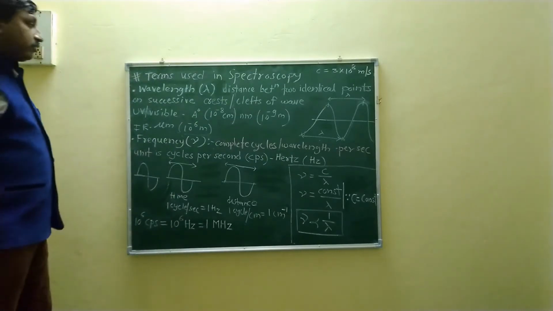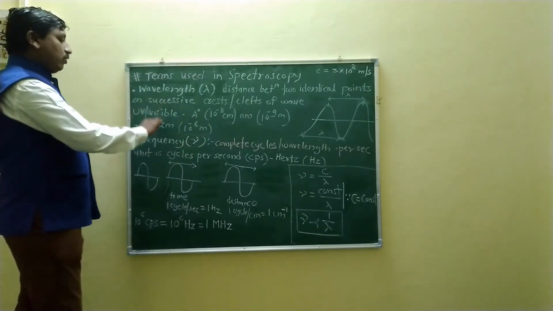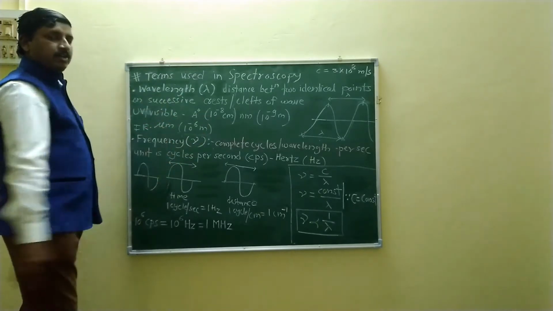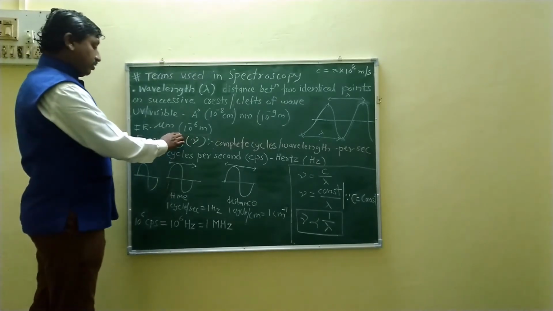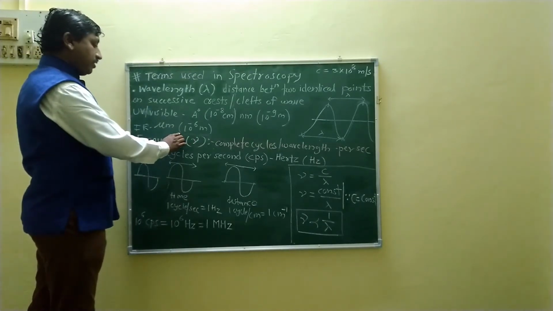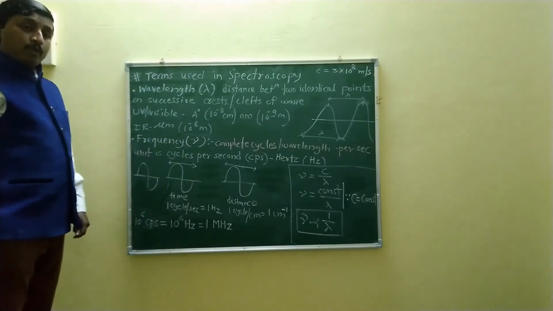In IR spectroscopy, wavelength is measured in micrometers, where 1 micrometer is equal to 10 raised to minus 6 meter. This is all about the wavelength.